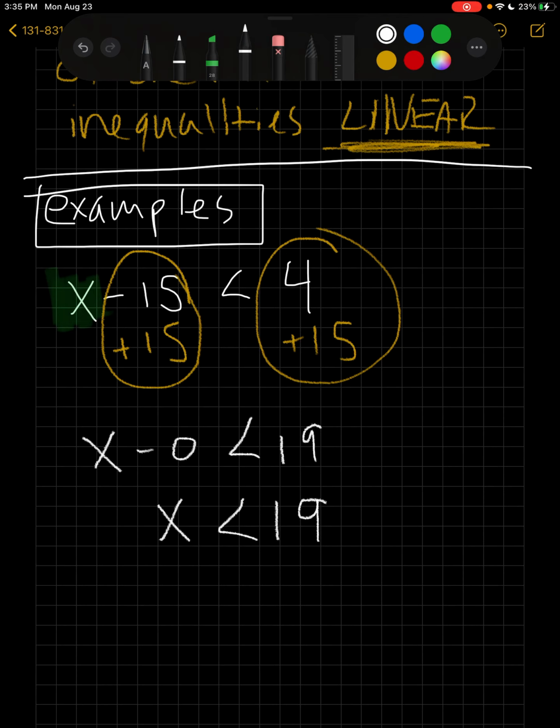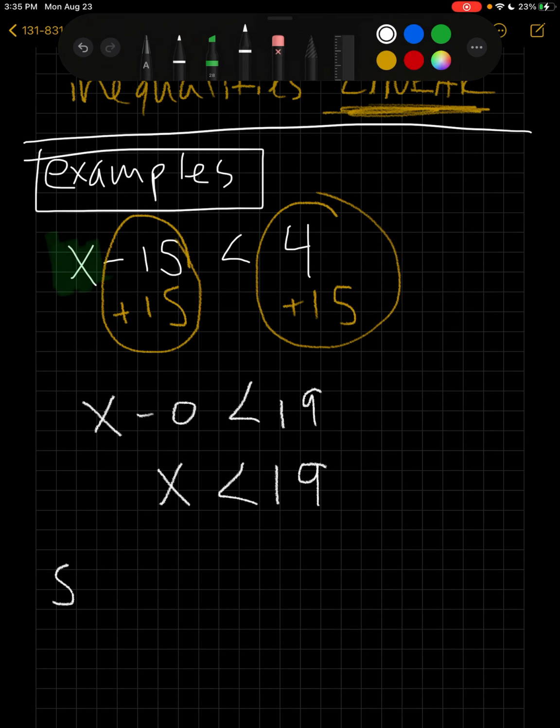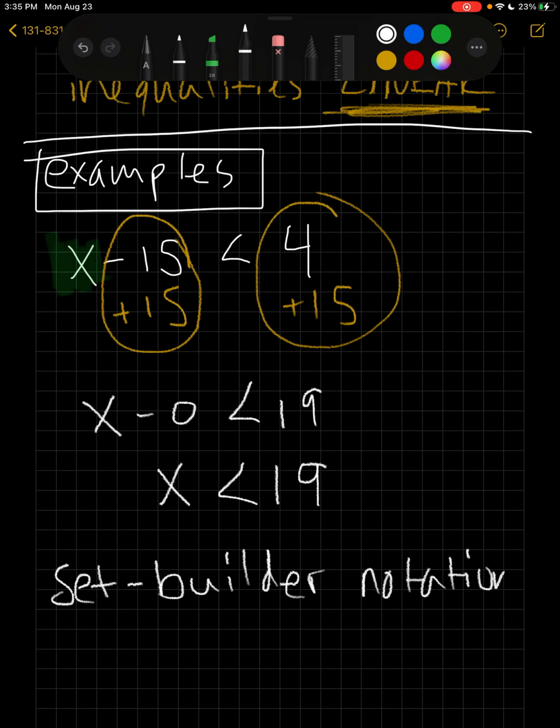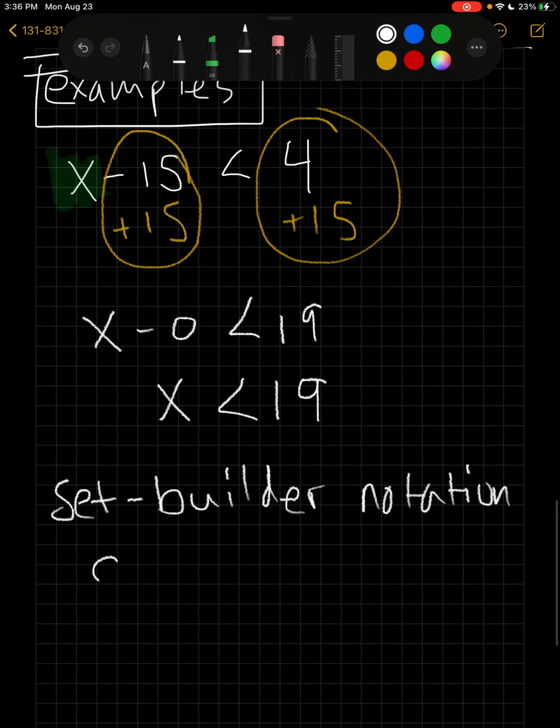So there are a few ways to write this answer. You can write this answer in what we would call set builder notation. Where you would write those curly braces and then you would say X, this long bar here, and then you would just write X is less than 19.